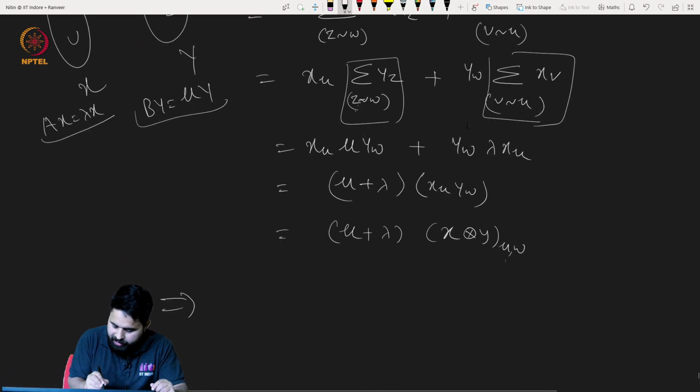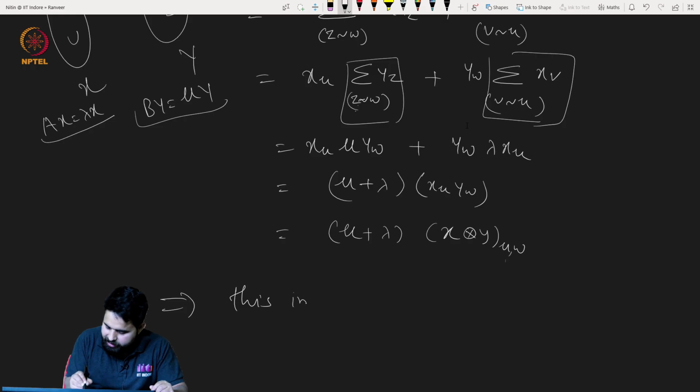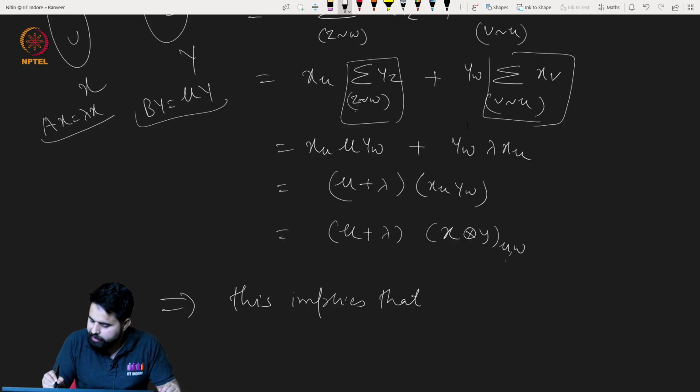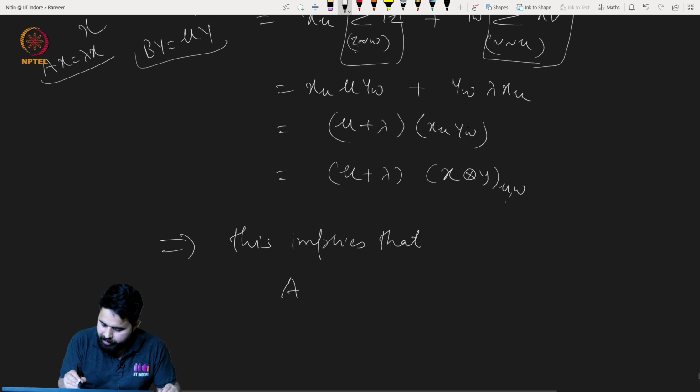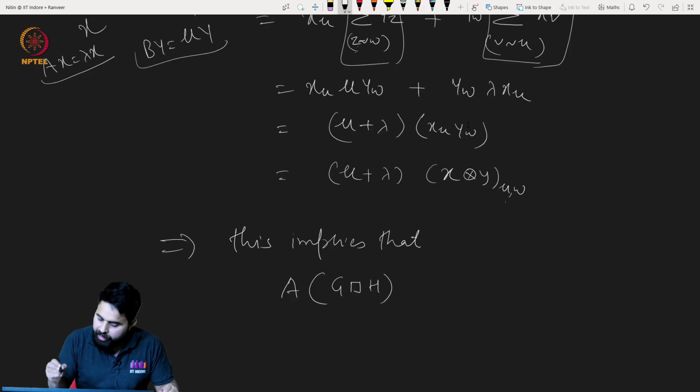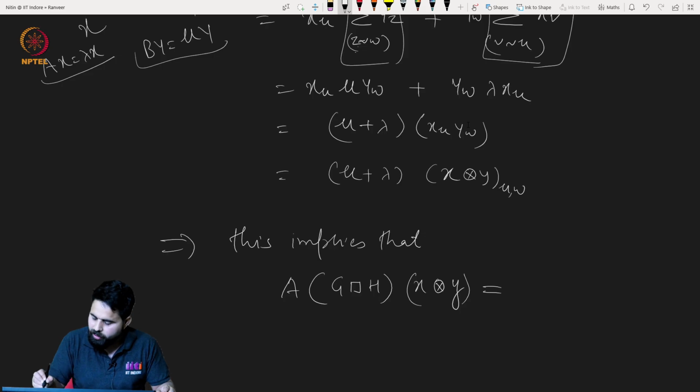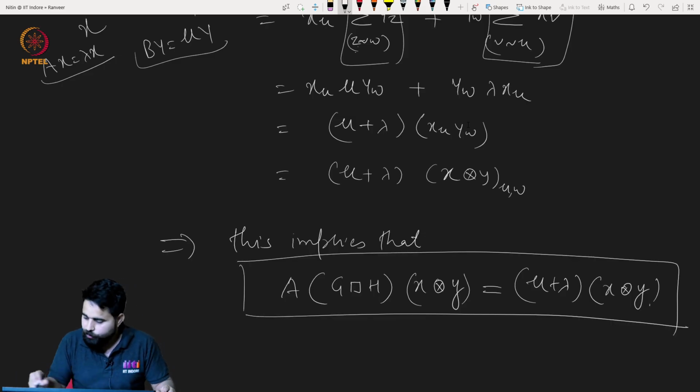That means this implies that the adjacency matrix of G box H times this vector x cross y, this vector, equals mu plus lambda times x cross y. So this proves it. Very good.